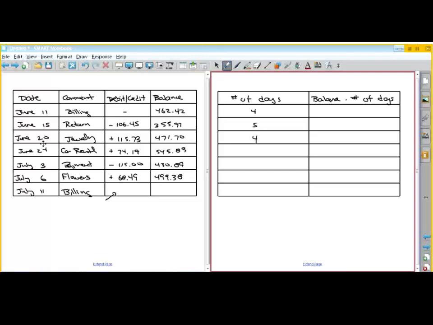June has how many days? 30 days has September, April, June, and November. So June has 30 days. So you have June 24th, 25th, 26th, 27th, 28th, 29th, 30th.